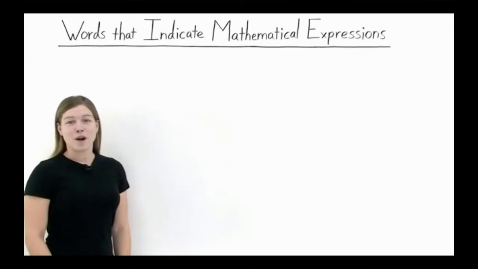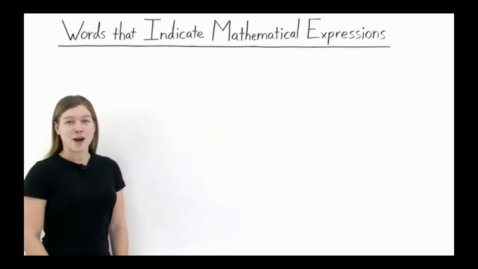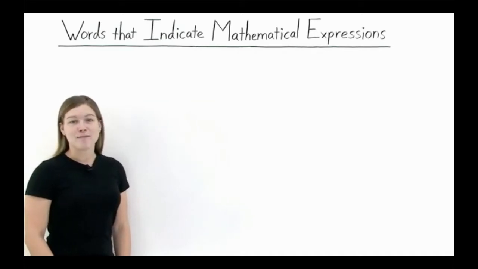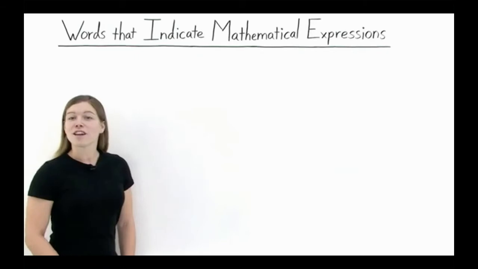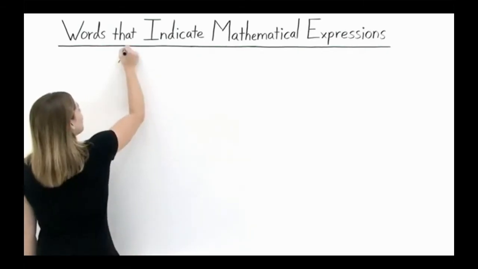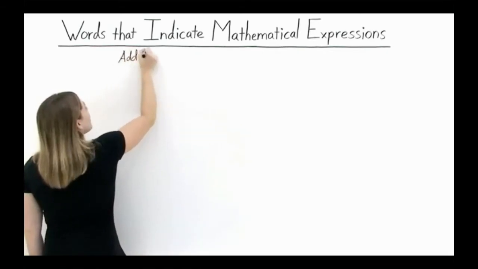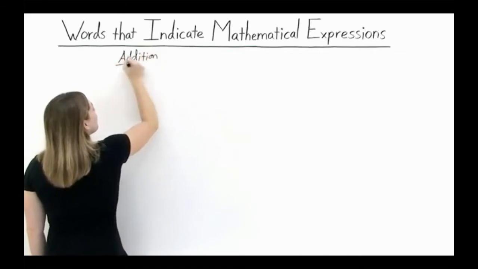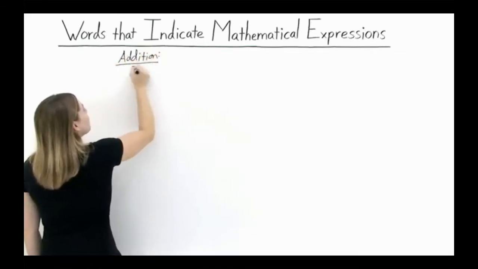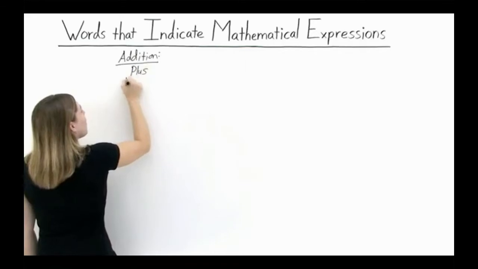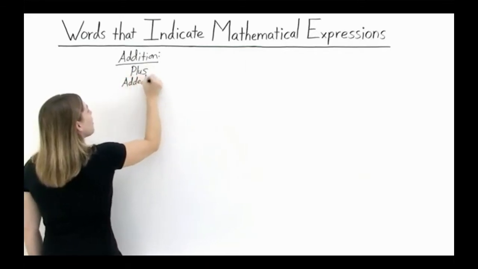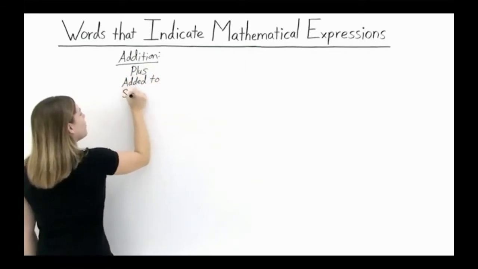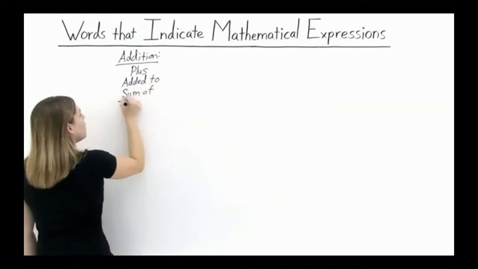When we're reading an algebra problem, here's a list of words that can help us translate that problem into mathematical expressions. First, let's look at the operation of addition. Addition has a number of words associated with it. First, we have plus. Then there's also added to, the sum of, increased by.